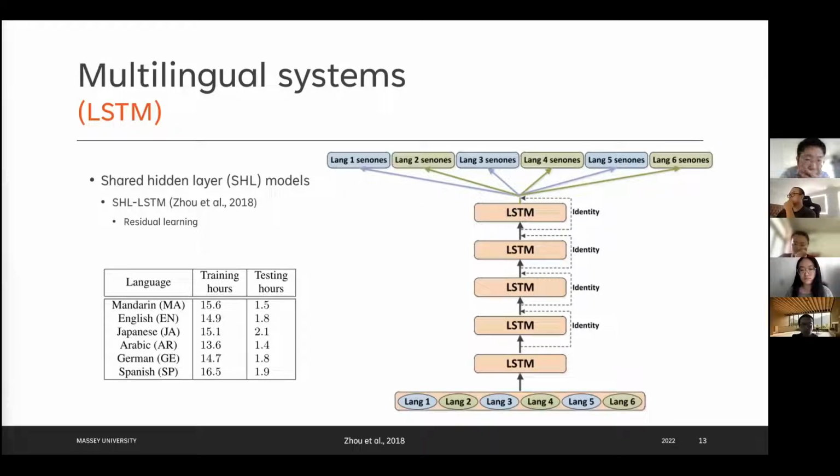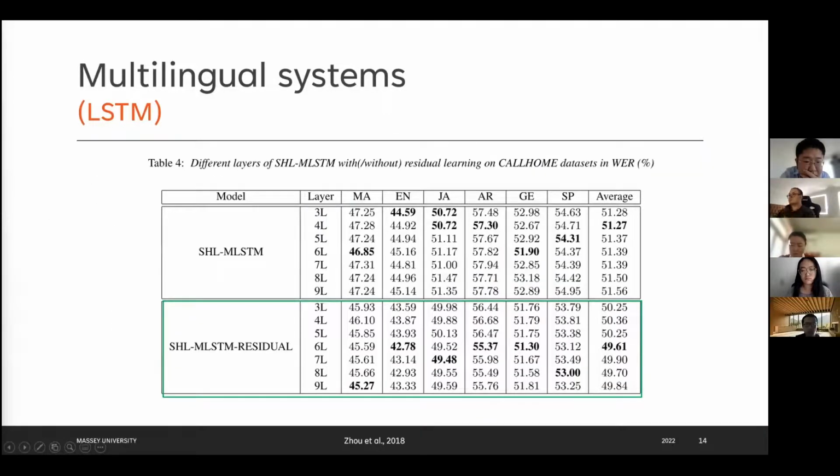They have presented their results on many languages, including Mandarin, English, Japanese, Arabic, German, and Spanish. These languages' training data ranges from 13 hours to 16 hours, and testing data is around 1 to 2 hours only.